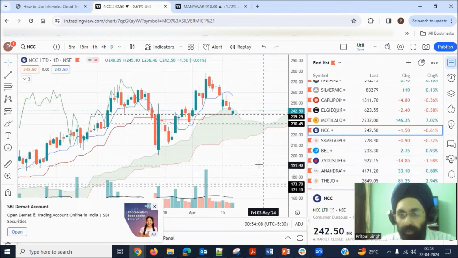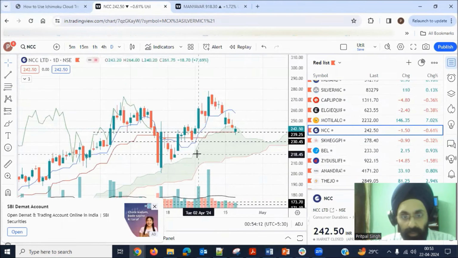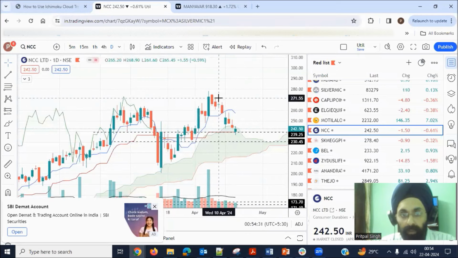MCC is one. Yeah, this can be a very good example. See, the crossover happens, but in this case the crossover was not as steep as in the case of Bell, because the baseline was flat, but the blue line was closing clearly above it. So here the crossover happens and price goes above, but it was not a huge move and price started coming down.